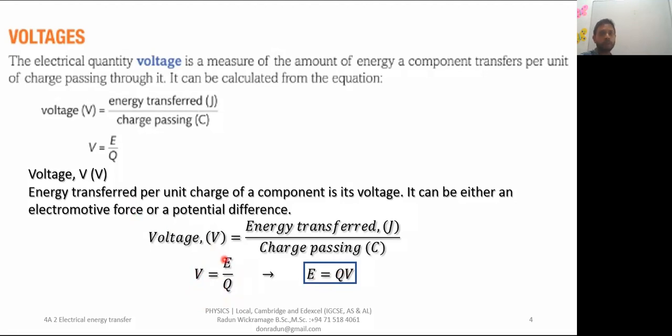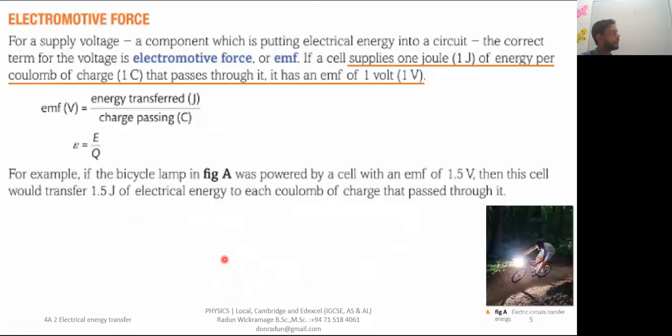Then let's go through the two forms of voltage. The first one is electromotive force. For a supply voltage, it is a component which is putting electrical energy into the circuit. In the previous example, the solar panel is the one which is putting electrical energy into the circuit. So you can ask the question: how does this component take that energy?